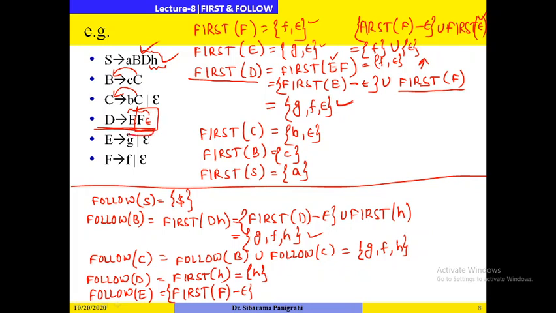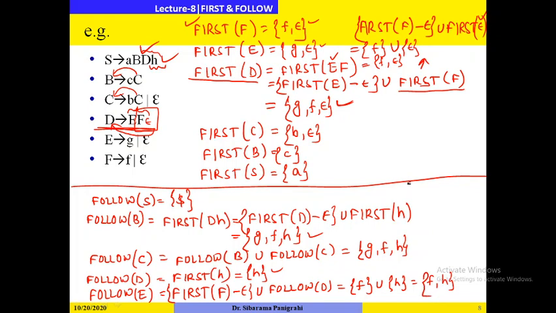So again it will do union follow of D. So first of F minus epsilon. What is first of F? F epsilon, minus epsilon means you will get F only. F union follow of D. What is follow of D? Follow of D is H. So you will get H. So totally you will get F and H.